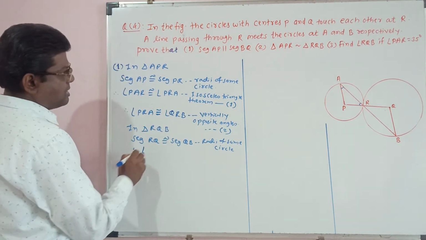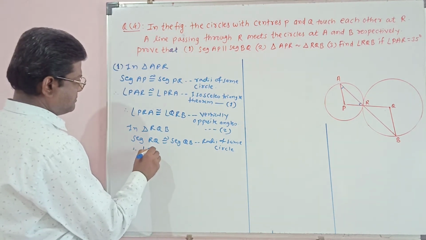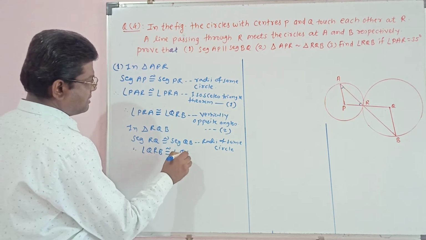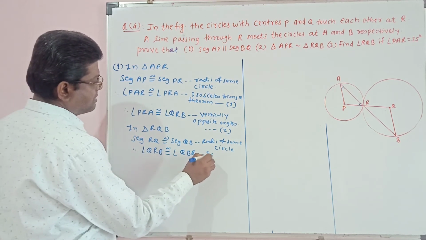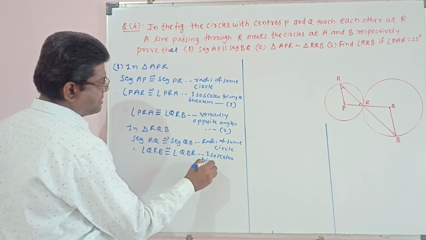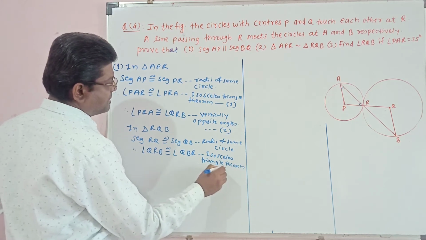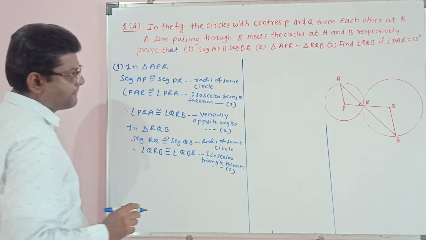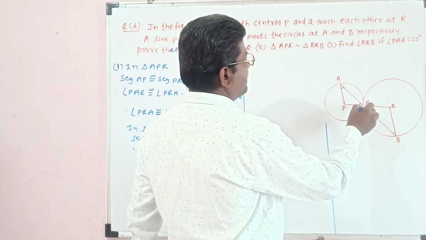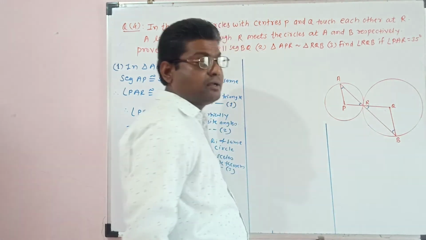Therefore, angle QRB is congruent to angle QBR, isosceles triangle theorem. This is equation number 3. So this angle is equal to this angle, this angle is equal to this angle, and this angle is equal to this angle.